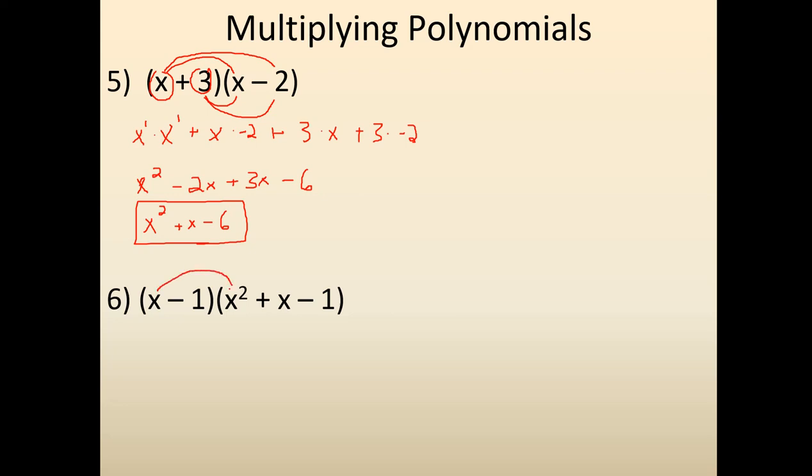So x times x squared, x times x, x times negative 1, and then I'm going to distribute the second term, plus 1 times x squared, next one, and the next one.